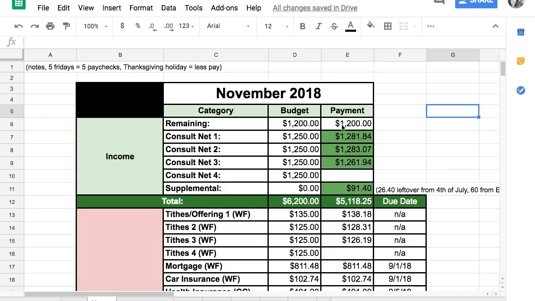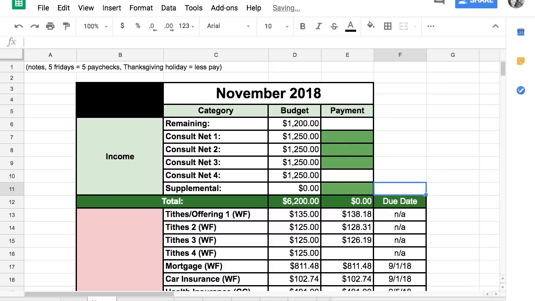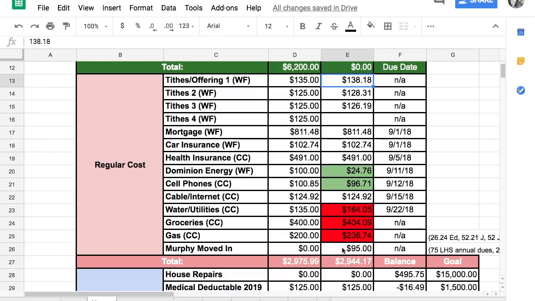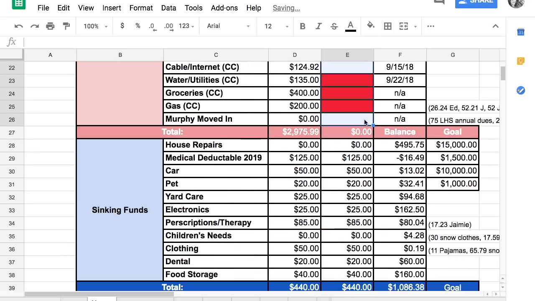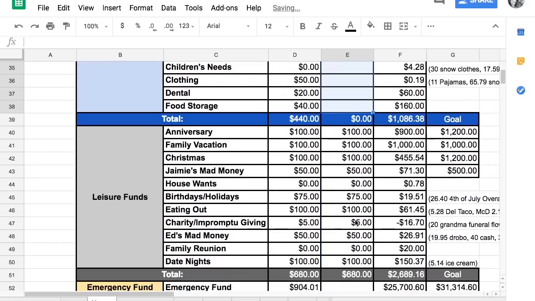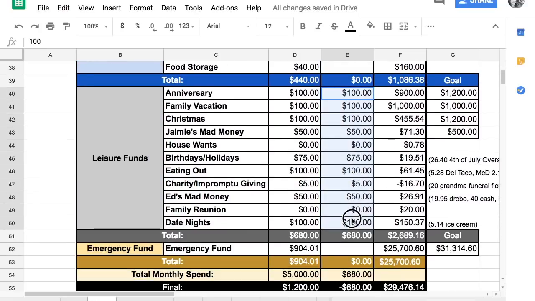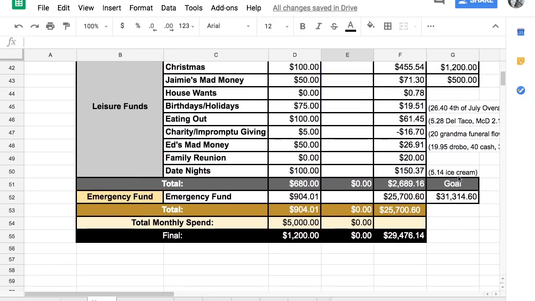Okay, so first thing after copying that over, I'm just going to go ahead and take out all of the notes, and all of the projected incomes, all of the leisure funds amount that we put in, and zero everything out.